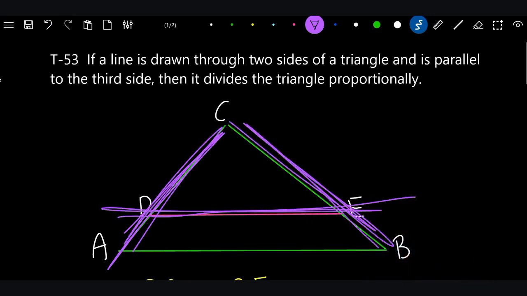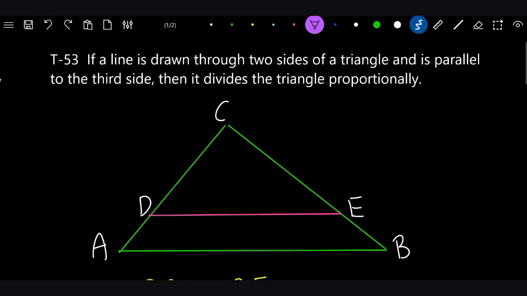It divides the triangle proportionally, but it does have to be parallel to the third side. In this case, I'm just going to tell you it is parallel to the third side. In other words, we could write AB is parallel to DE. That could be our given.